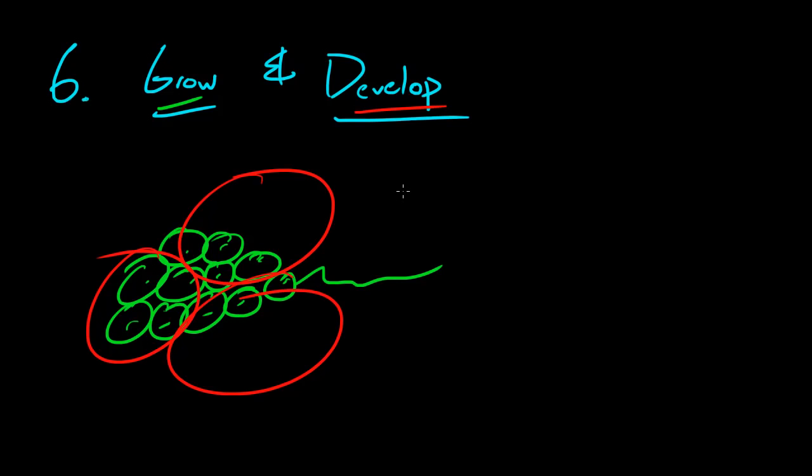And growth, like I said, is why you were one cell at first, and now, the estimate is that you are 100 trillion cells. Think of development as specialization, where different cells become different things necessary for that organism's survival. So, rule number six, all living things grow and develop.